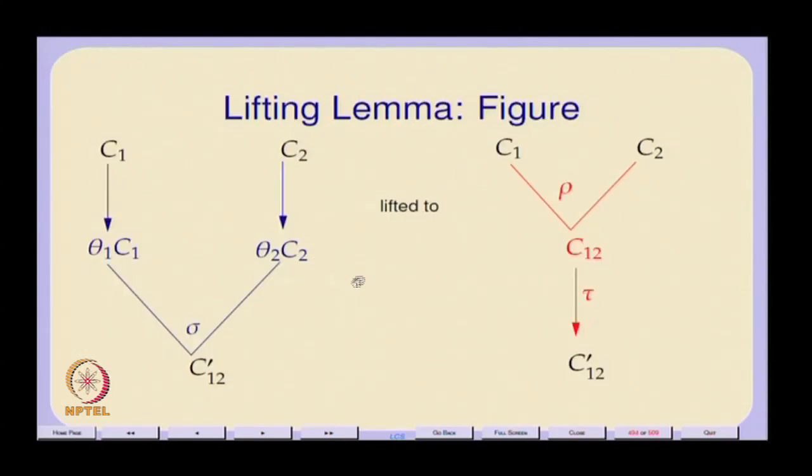The more important thing is what this Lifting lemma says, essentially this. Supposing I have two clauses C1 and C2, and let us assume that these two clauses have no variables in common. But that is okay. If I have two clauses, one of the things we can do is standardizing variables apart.